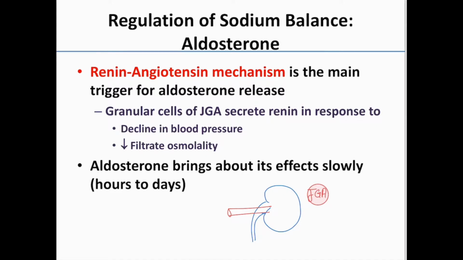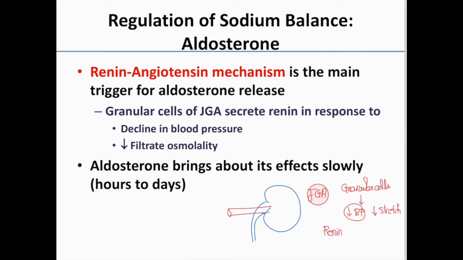The granular cells act as mechanoreceptors. They detect the degree of stretch, and whenever I have a drop in the blood pressure, I will have less stretch to the wall of my vessels.